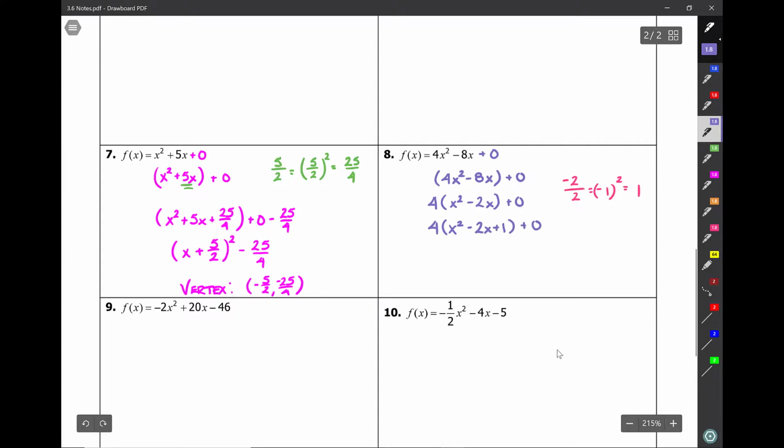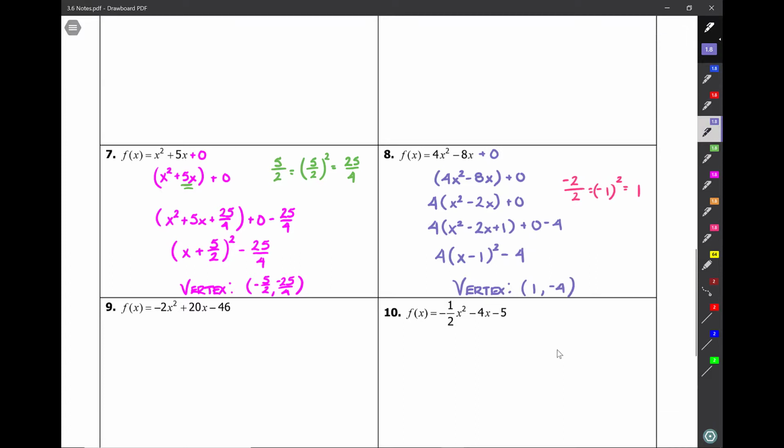And remember, because of this 4 that's out front, 4 times 1 is 4, so what we need to do here is subtract 4 so that we, in effect, have made these two terms add up to 0. And now we can go ahead and finish the simplification. We have 4 times x minus 1 quantity squared minus 4. It's in vertex form. And our vertex is going to be 1, negative 4.